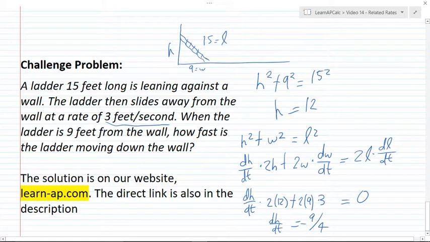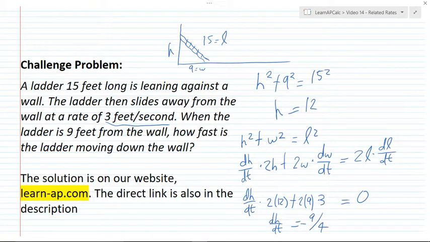And now we have to answer the problem. The problem is asking how fast is the ladder moving down the wall. So this answer, minus 9 over 4, isn't really answering that problem.